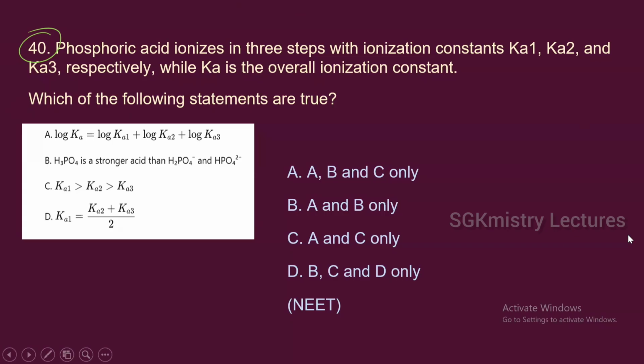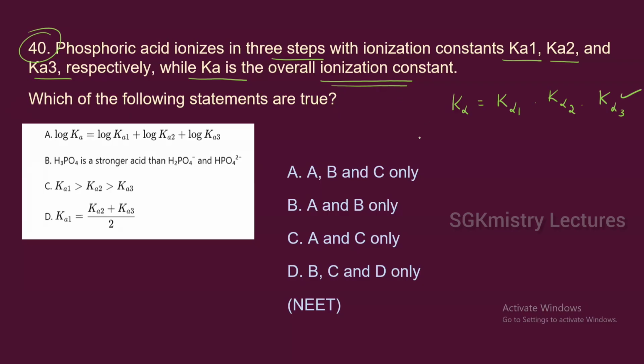Uric acid ionizes in 3 steps with ionization constants Ka1, Ka2, and Ka3 respectively, while Ka is the overall ionization constant. Which of the following statements are true? So Ka is Ka1 into Ka2 into Ka3.